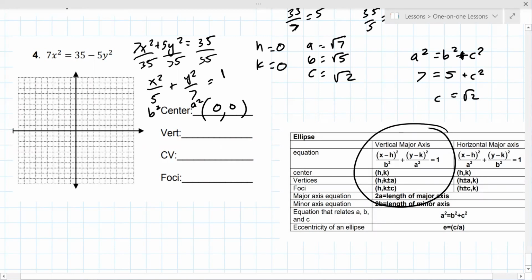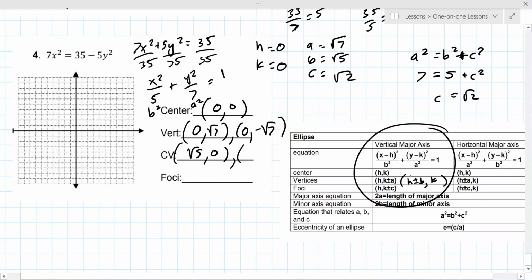Okay, so the vertices are H, comma, K plus A. So it's 0, comma, square root of 7, and 0, comma, negative square root of 7. Co-vertices, I keep messing this up. It's H plus or minus B, comma, K. So H plus B, 0 plus square root of 5, comma, K, which is 0.